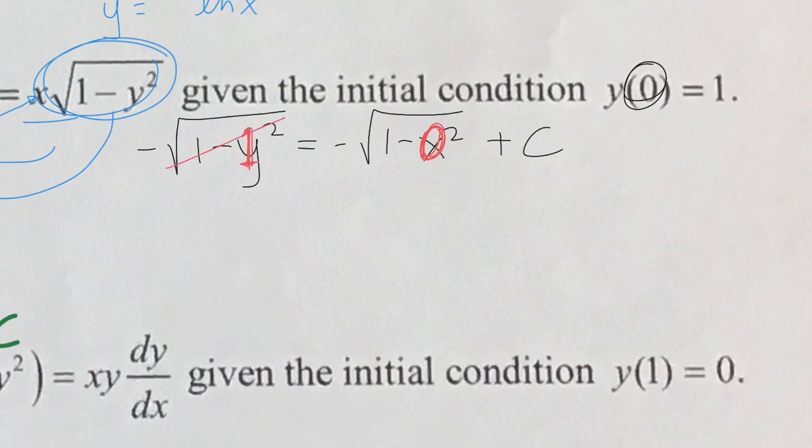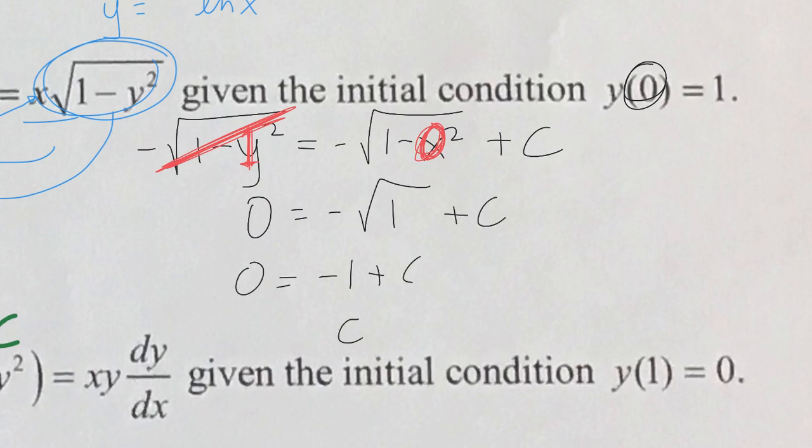Okay, so 1 minus 1, this term cancels out. 1 minus 0 is just 1. So I have 0 equals negative root of 1 plus c, which is negative 1. So c is positive 1.